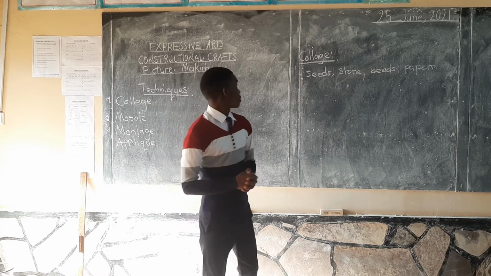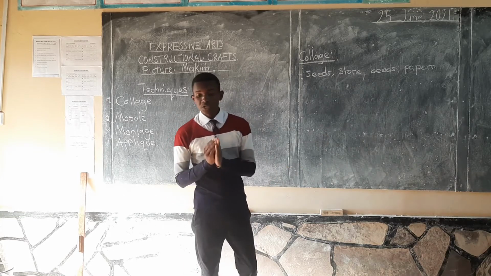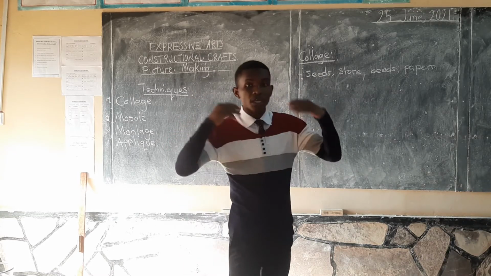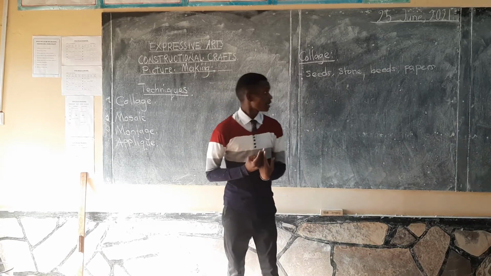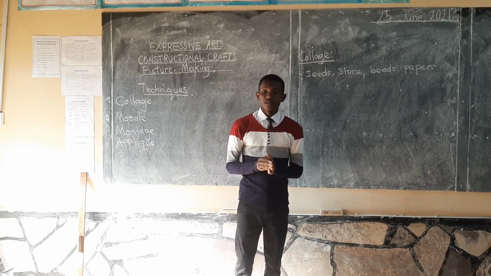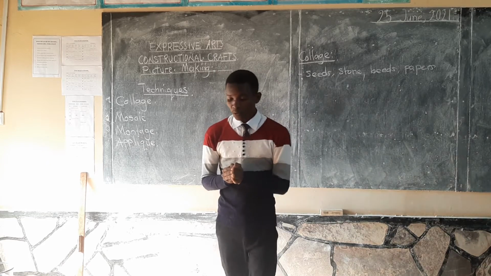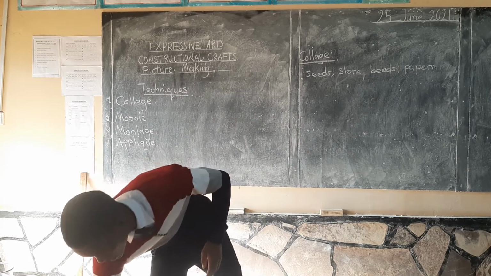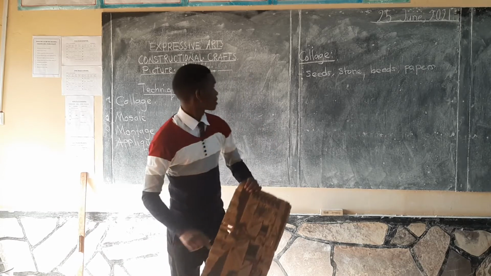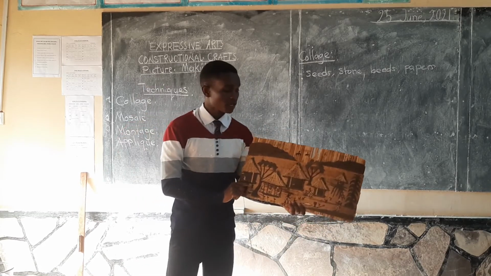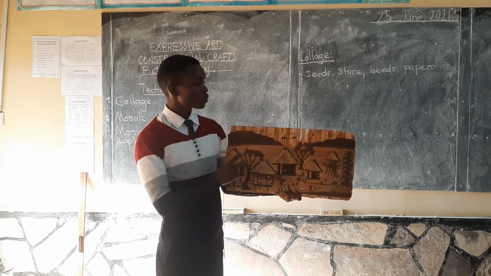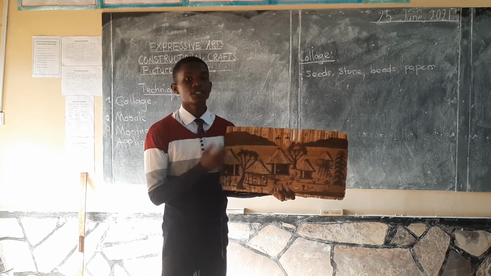Now, when making a collage, we need to understand that we should come up with an imaginary picture that we want to make. For example, I have a collage here which is showing the village setup. I've used different materials.